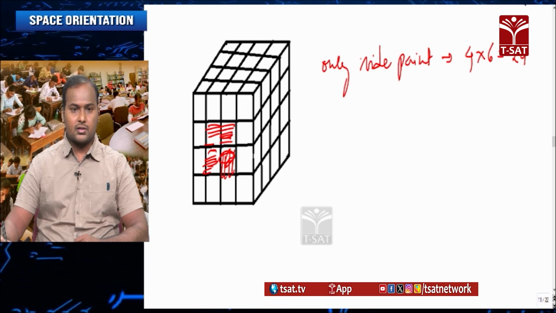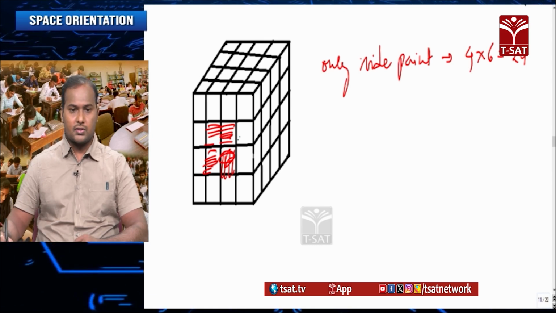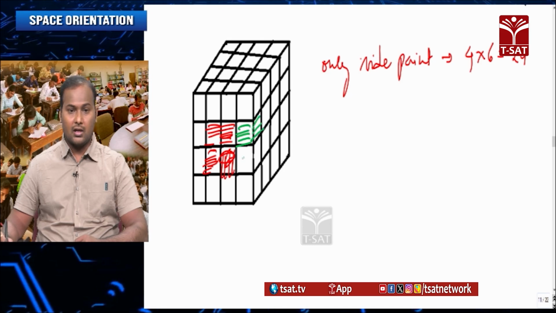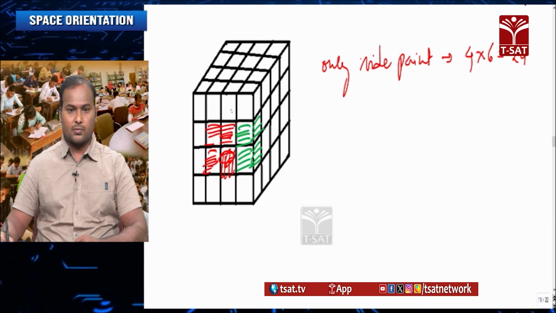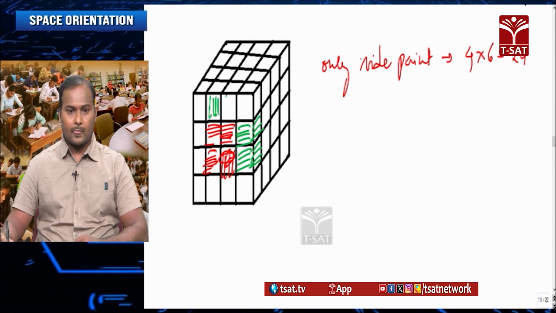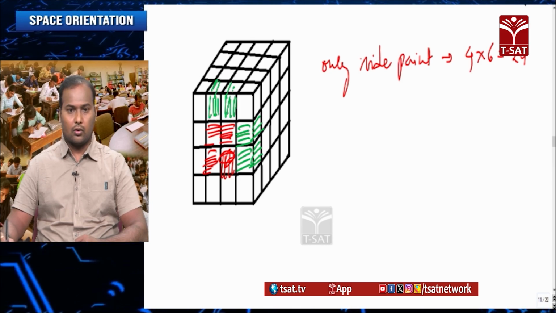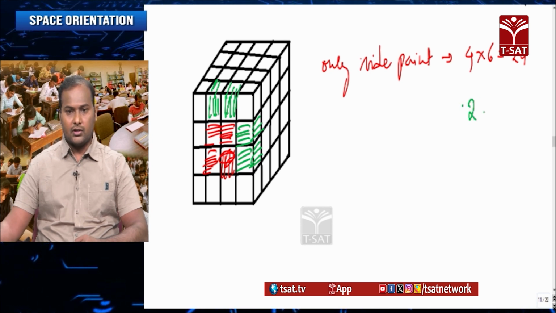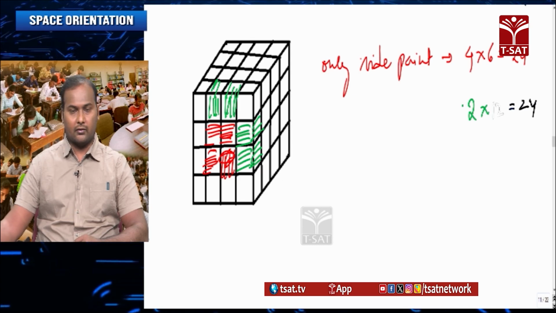The next question is, how many small cubes with two side paint? So where is this two side paint possible? Two side paint is possible always on the edges. So per edge how many here? Per edge 2. Total how many edges? Total 12 edges, and per edge 2. 12 times 2 is 24.